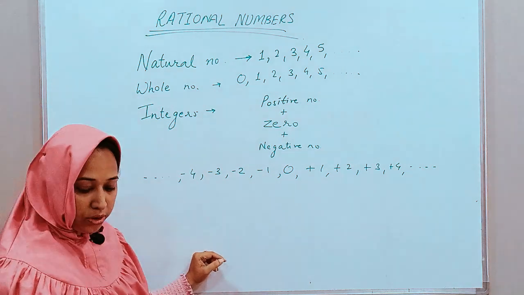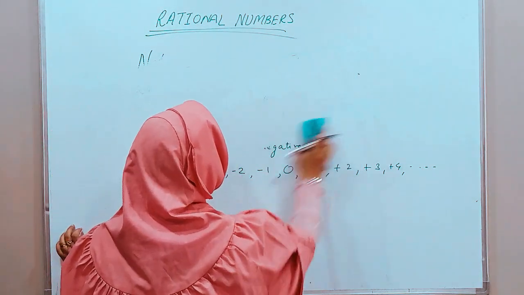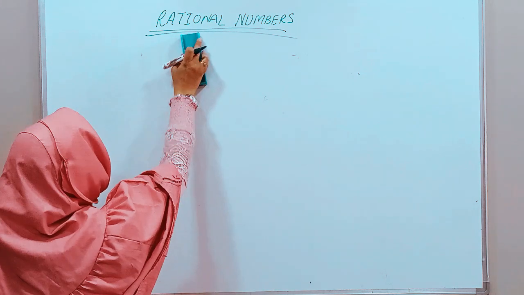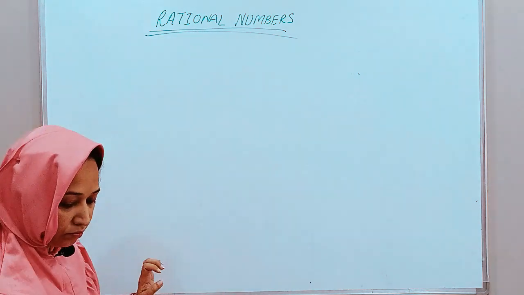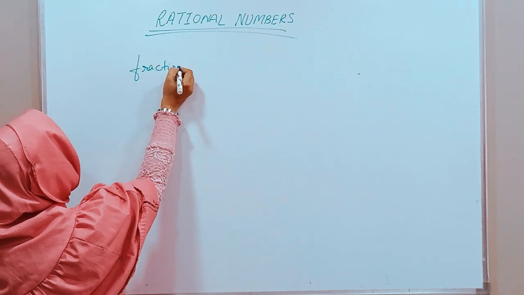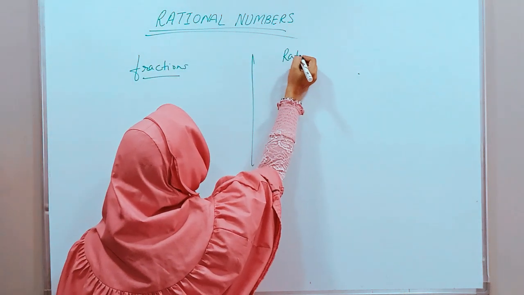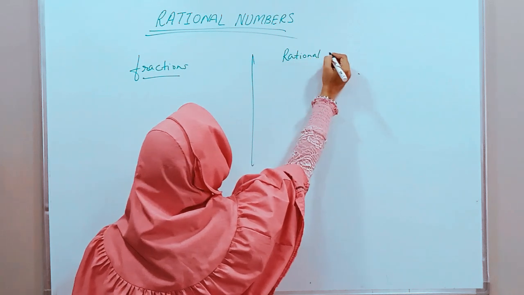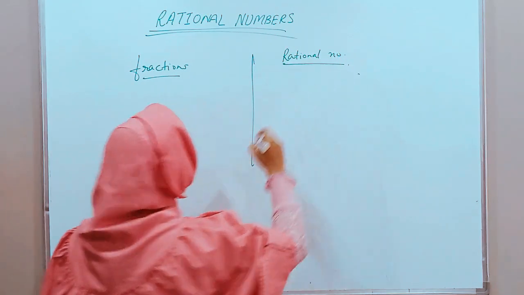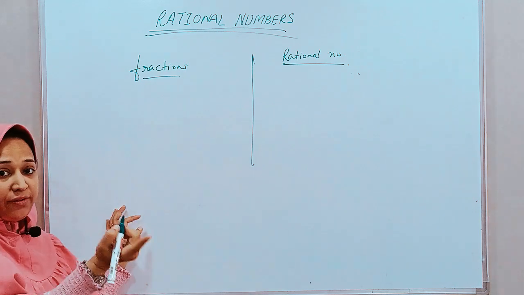Now when we talk about fractions and rational numbers. A fraction is any number which has a numerator and a denominator.